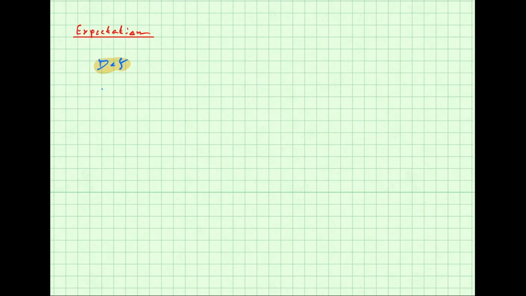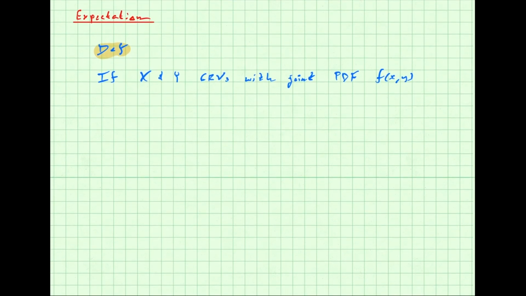So we say, if x and y are continuous random variables and you have their joint PDF, and we'll use the same notation, so it's f of x, y, then you want to find a way to write the expected value for a particular function of x and y, or for any function, right?